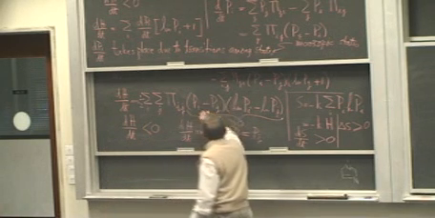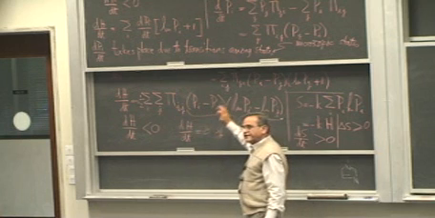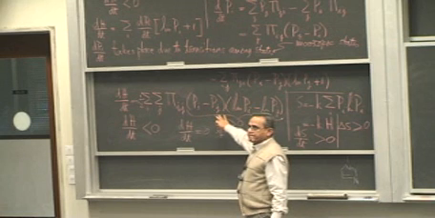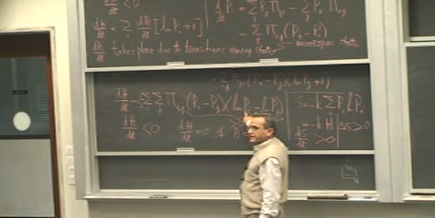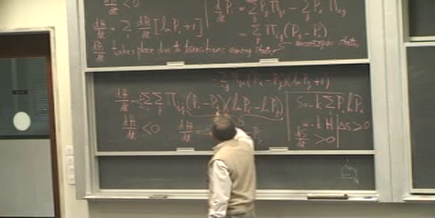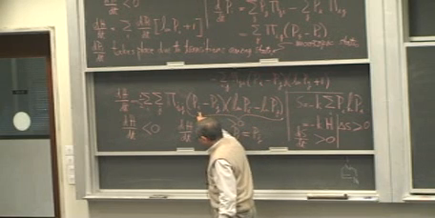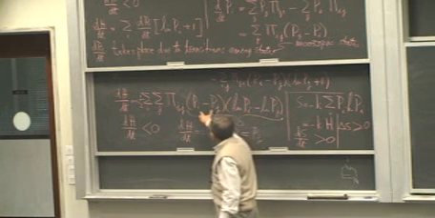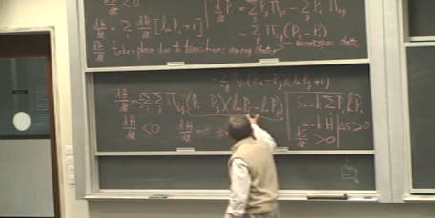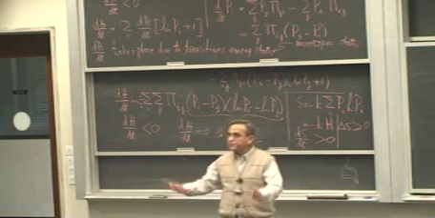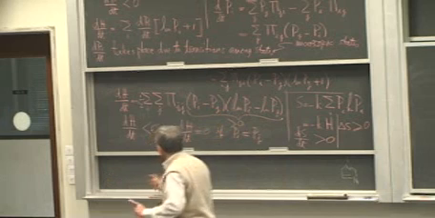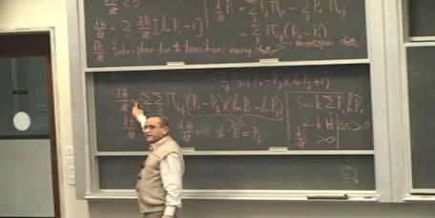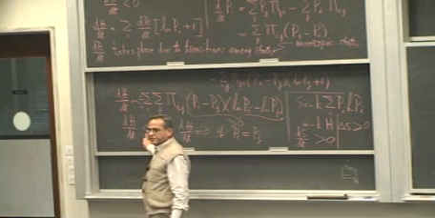I said this is positive whether Pi is greater than Pj or Pi is less than Pj, because it is multiplied with this term. If this is positive, Pi greater than Pj, then this is also positive. If this is negative, Pi less than Pj, then this is also negative. So in every case this is a positive quantity. And that is why we said that the negative sign we took out earlier determines that this is going to be a negative quantity.